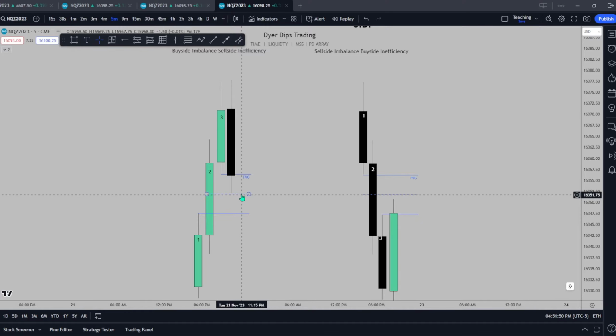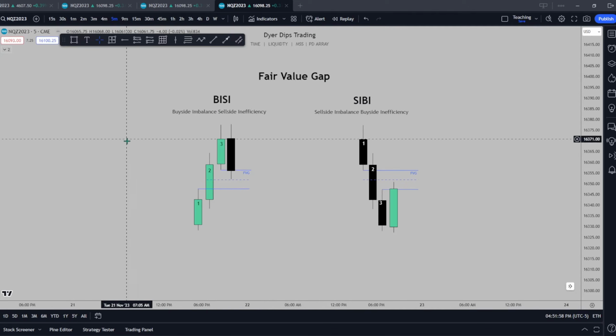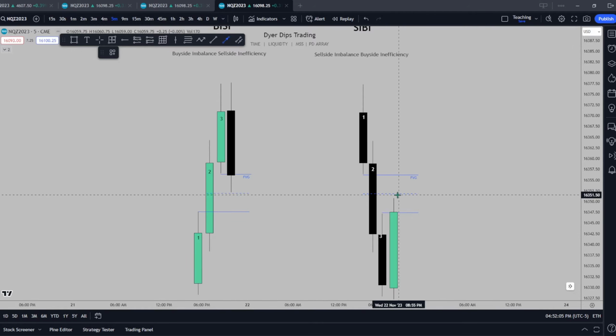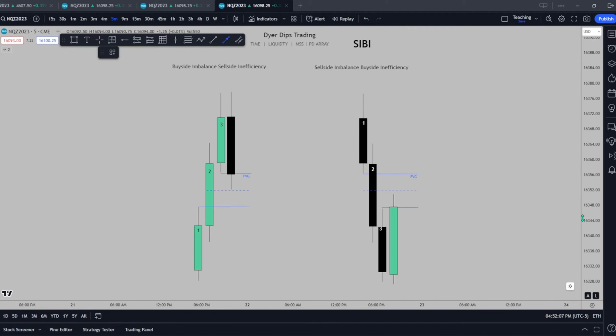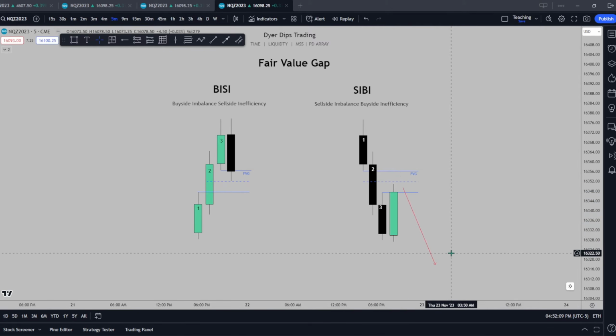As long as we're above this 50% line right here, CE or consequent encroachment as it's properly called, we are still bullish and we can expect in this case a strong price movement to the upside. The same goes for here. As long as we don't trade above this dashed blue line or consequent encroachment, we can expect a relatively strong push back down off of this fair value gap.